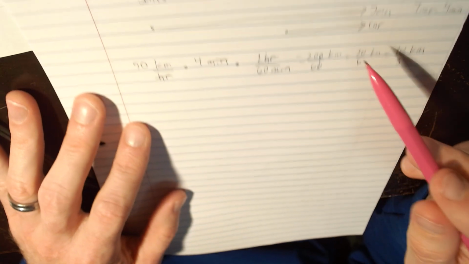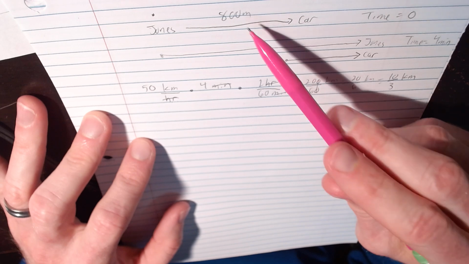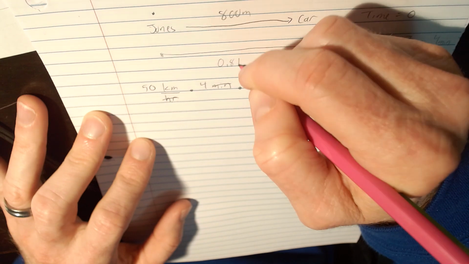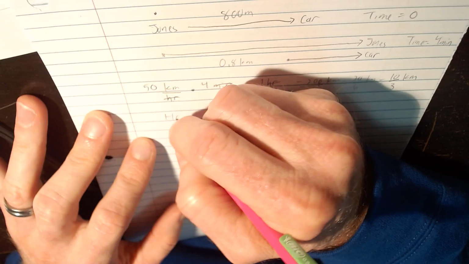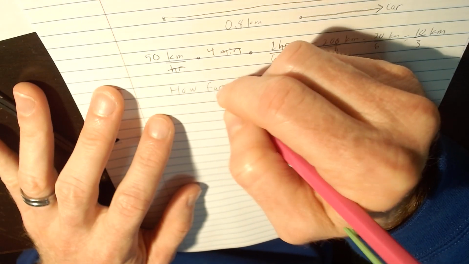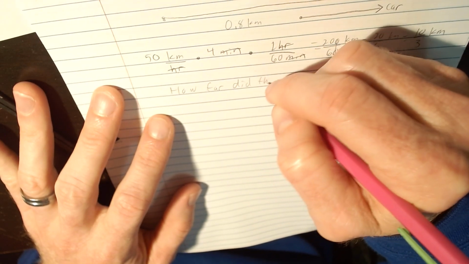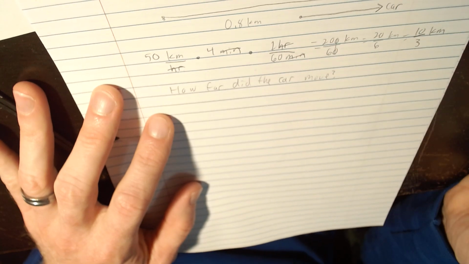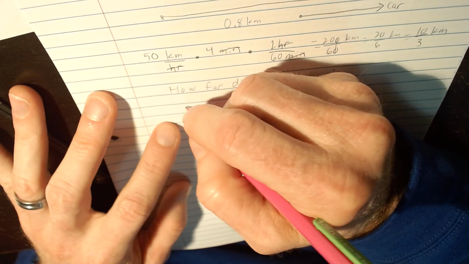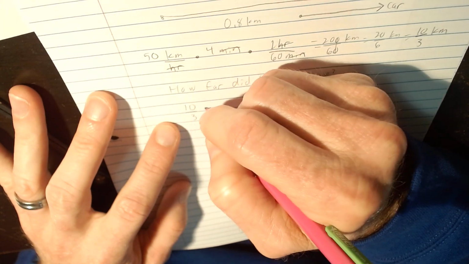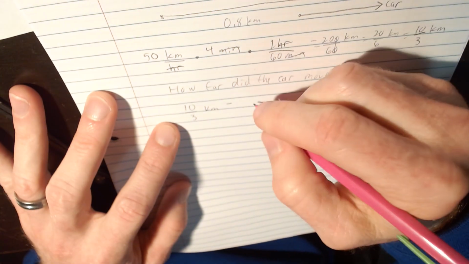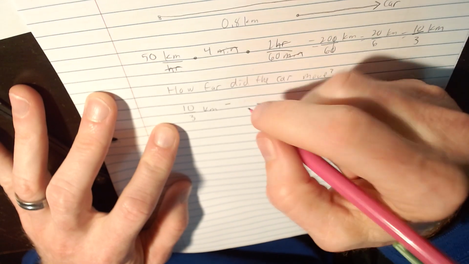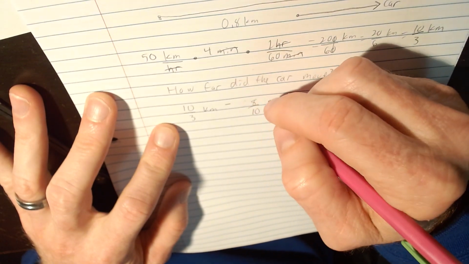So then how far did the car go? If we look at the picture, the car had 800 meters, which is 0.8 kilometers, head start. So how far did the car move? It went 10/3 kilometers minus 0.8 kilometers. Well, 0.8 would be easier to call 8/10 kilometers.